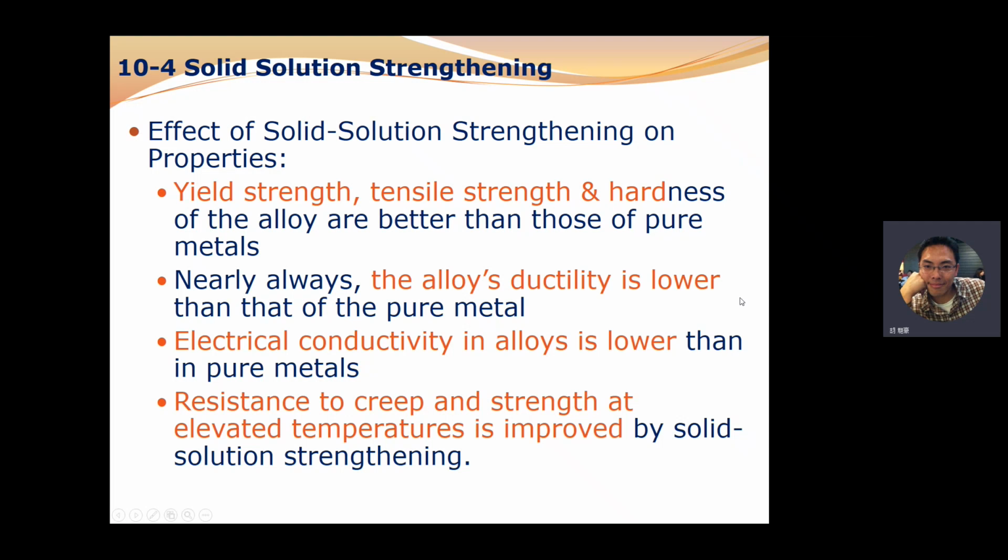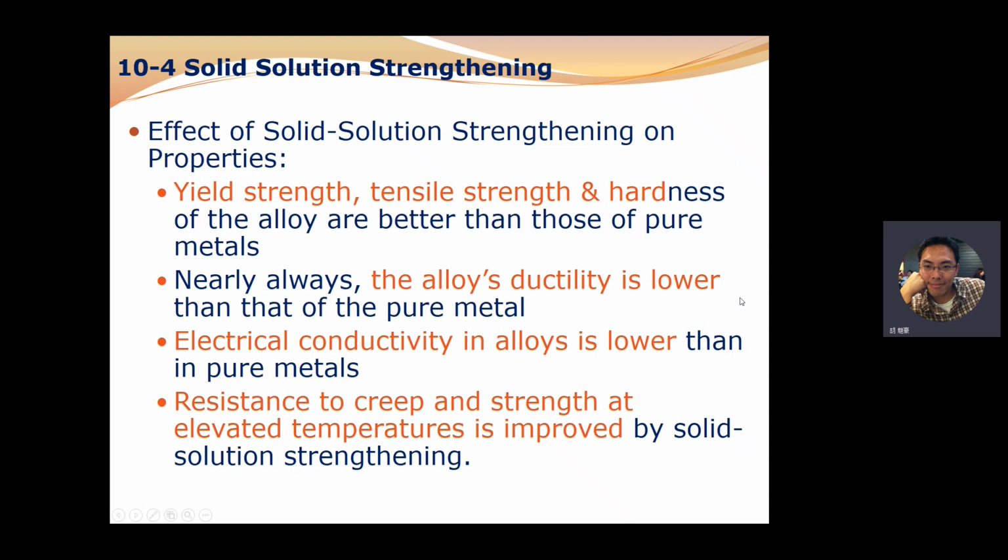That means you can transfer heat very quickly. However, we cannot use pure aluminum, right? Because it's soft. Its mechanical strength is not strong enough. Therefore we have to use the aluminum alloy.